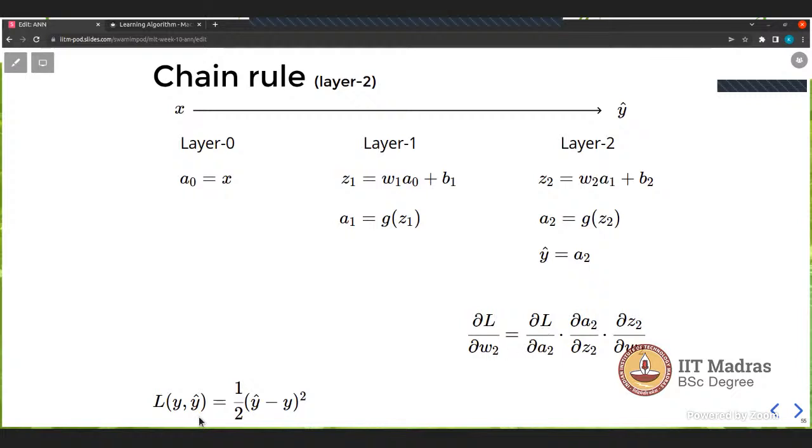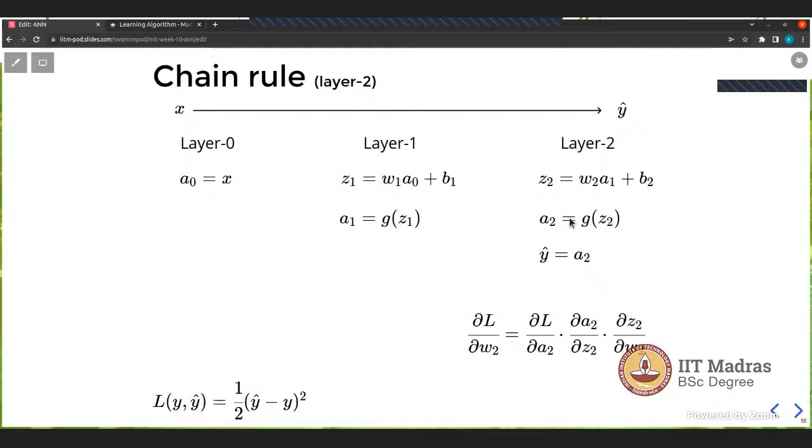So you do dou L by dou y hat, which is A2 because y hat is A2. So that first term you understand, right? Yes, sir. Always keep going back and forth between your forward pass equations and your backward pass. Once you have the gradient with respect to A2, what is the variable here? The Z2. If you change Z2, that's going to affect A2. So you do dou A2 by dou Z2.